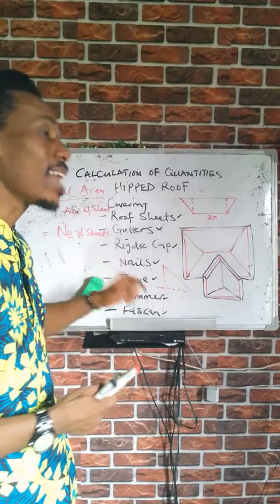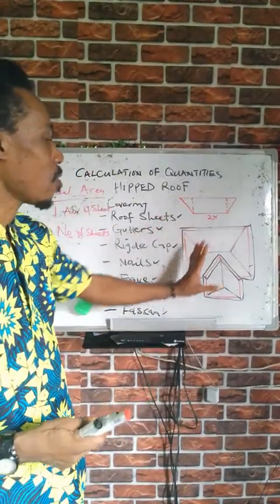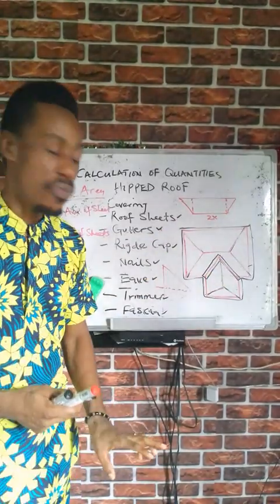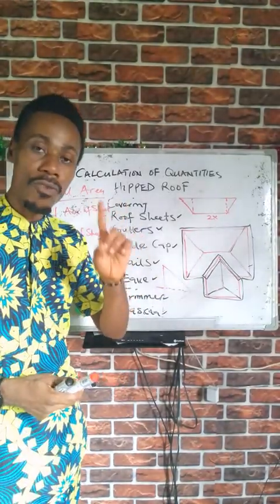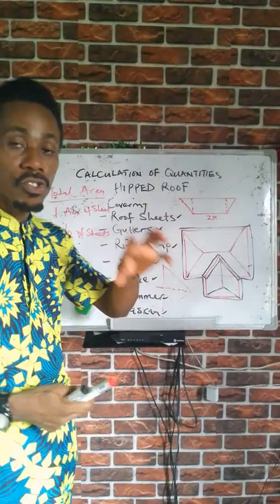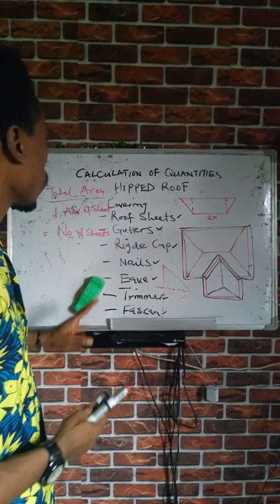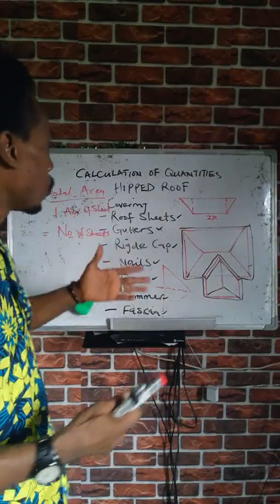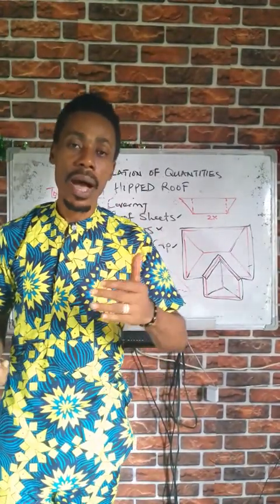It is their length you use to divide the total perimeter of the roof, to get the quantity you need for the roofing of the building. This is how you can compute the covering materials for our hip roof.